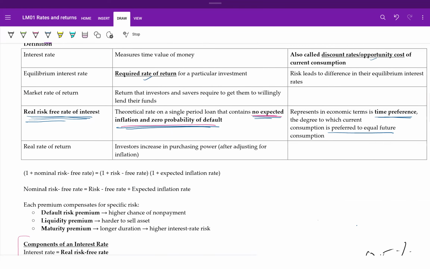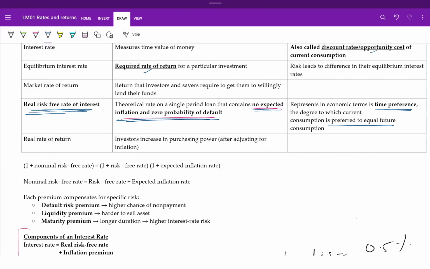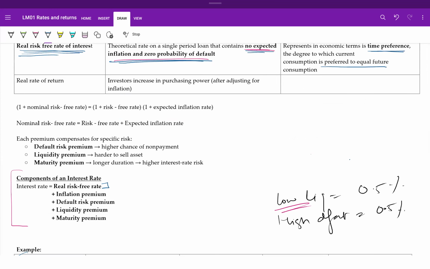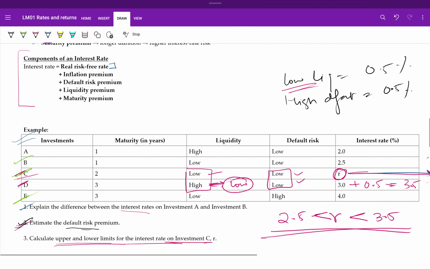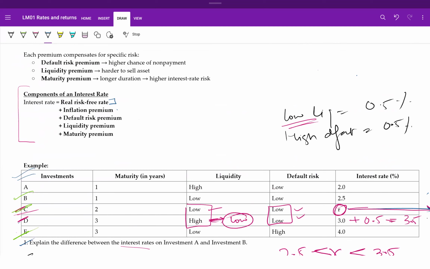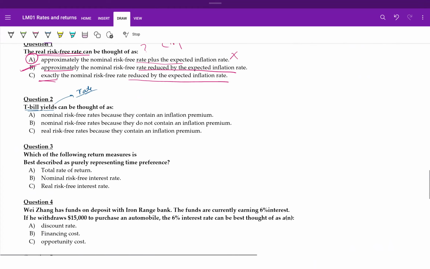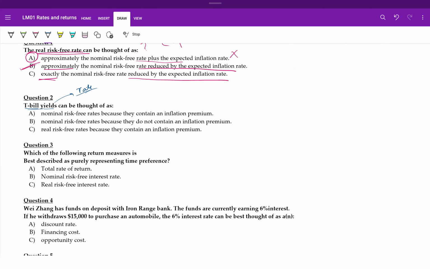Treasury bills are those bills which are used as a reference for real risk-free rate. So they do not contain inflation, they do not contain default risk premium, not liquidity, not maturity. So coming back to our question, real risk-free rate because they contain inflation premium. Real risk-free rate does not contain inflation premium, so this is wrong. Nominal risk-free rate does contain inflation premium.